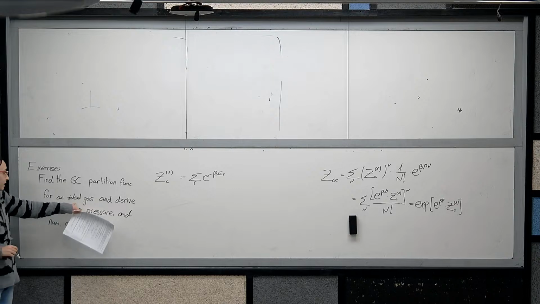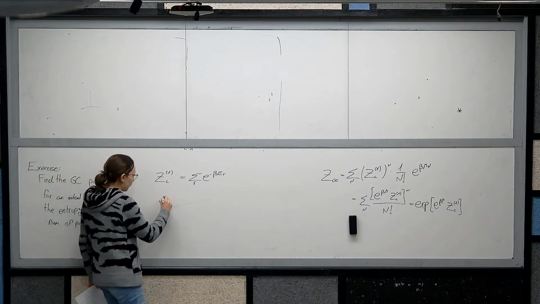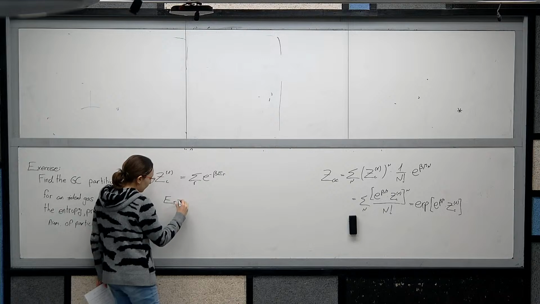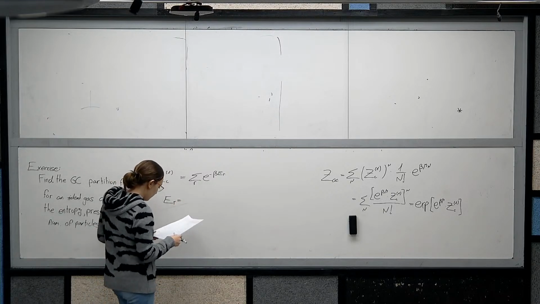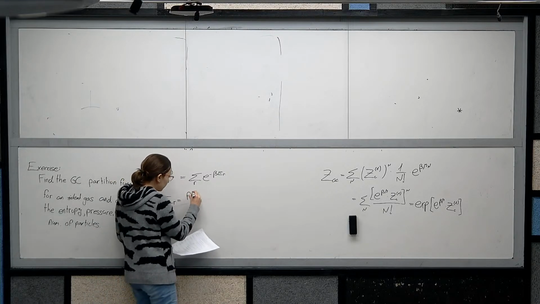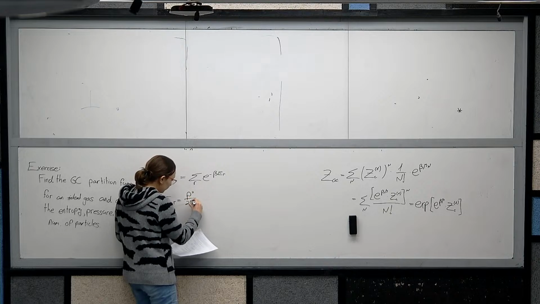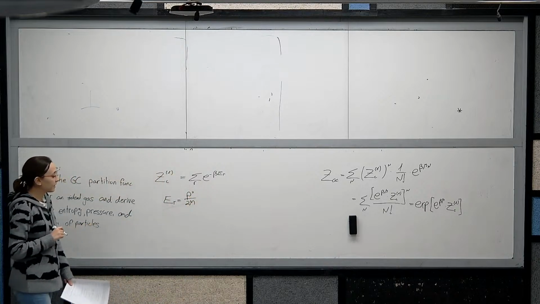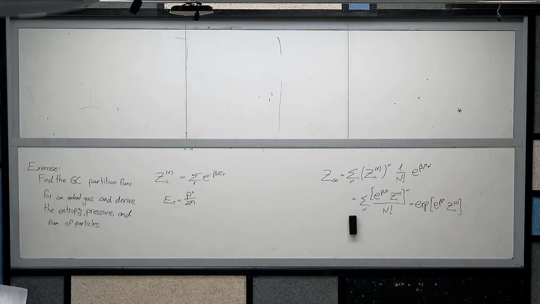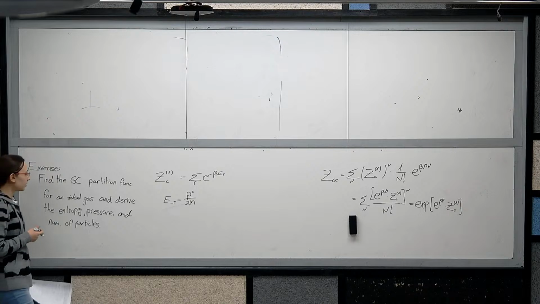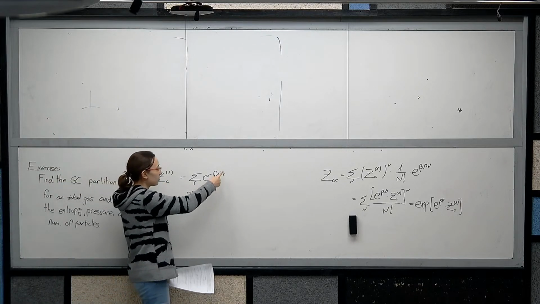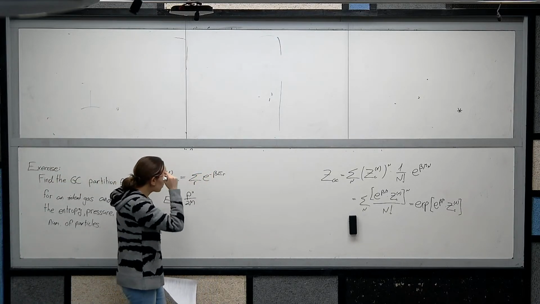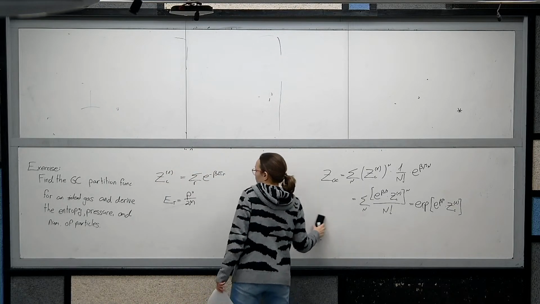The energy of the particle depends on the particle momentum, and this is a continuous term. So the energy is continuous, so the summation needs to be continuous. So we're going to use an integral instead of this sum.